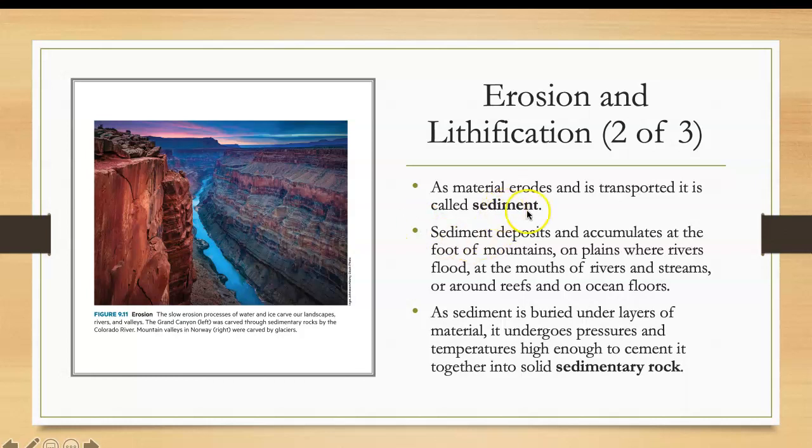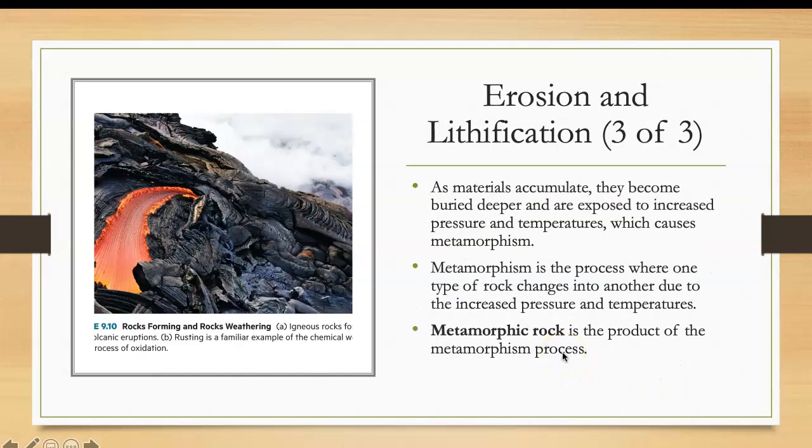And a quick word about sediment. Sediment results from erosion. And the sedimentary rock undergoes pressure and temperature high enough to cement it together into solid. So the sediment is changed to sedimentary rock because of heat and pressure.